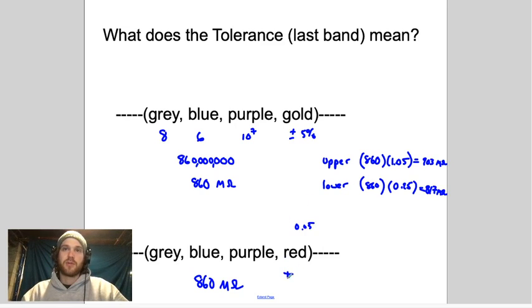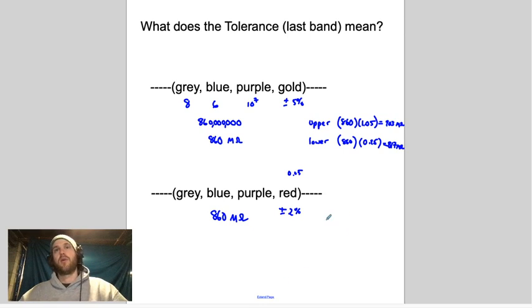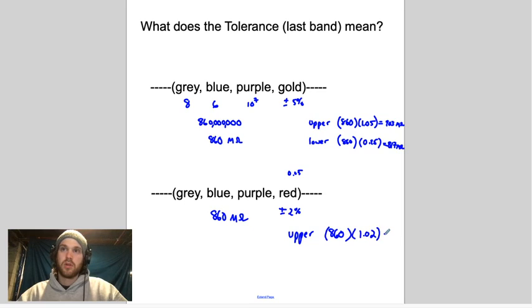You're going to find plus or minus 2%, and go ahead and pause the video, do it on your own, and then just watch it in just a minute. I'm going to keep going here. So my upper is going to be 860 times 1.02, and my lower bound for the resistance is 860 times 0.98.